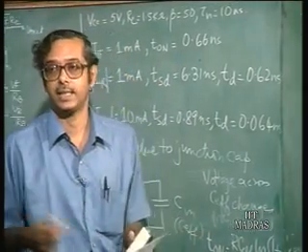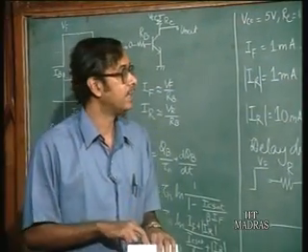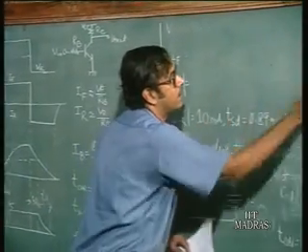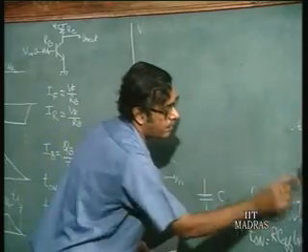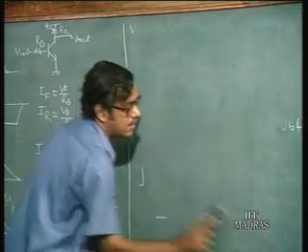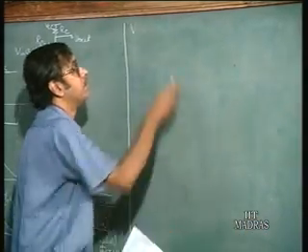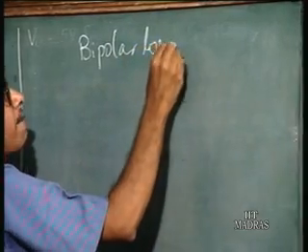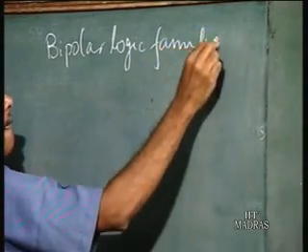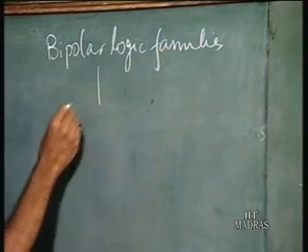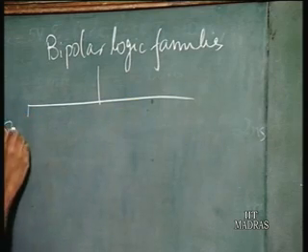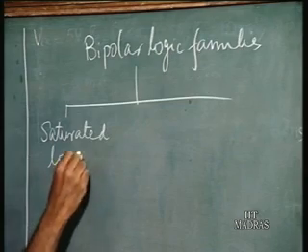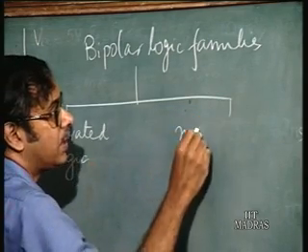So, basically bipolar digital circuits, the bipolar logic families, can be classified into two categories. One is called saturated logic, and the other is non-saturated logic.